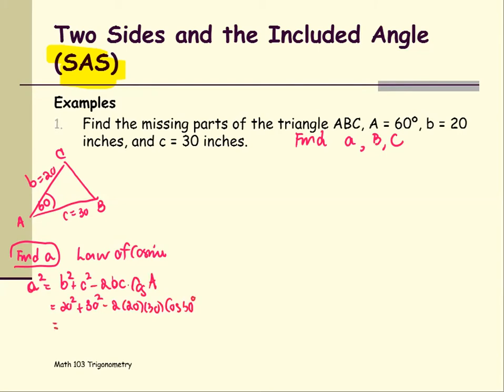Put in the calculator, you should get A squared as 700. Therefore, A is the square root of 700, approximately 26.46. So the value A is done.